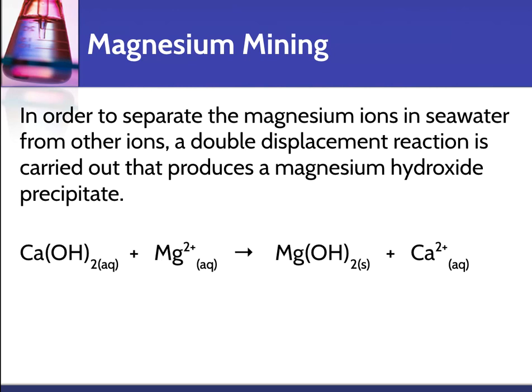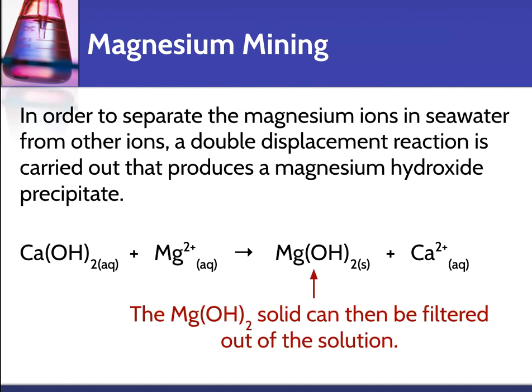If we react the seawater with calcium hydroxide, the magnesium and the calcium are going to switch spots, and you're going to produce magnesium hydroxide, which has a low solubility in water, and so will come out of solution and can then be filtered and used in another step in our process of getting magnesium.